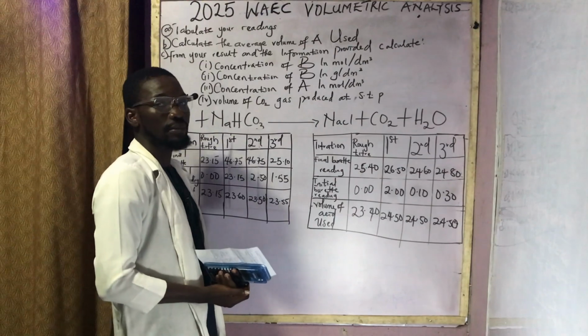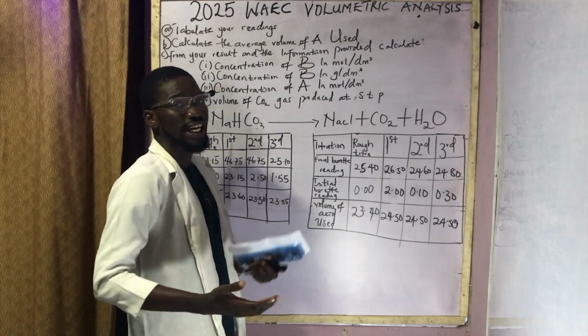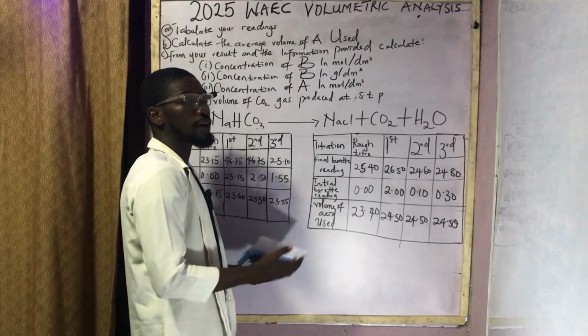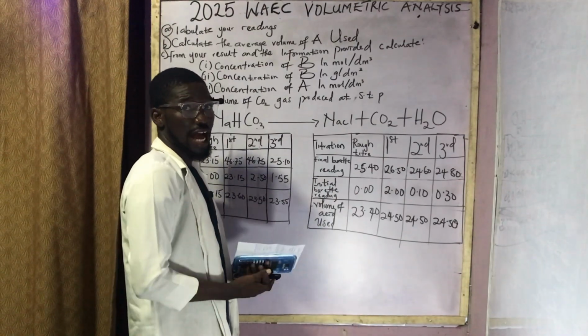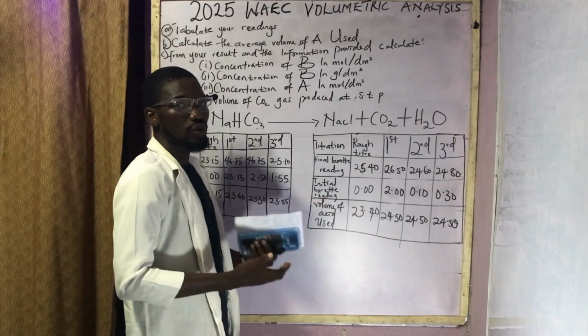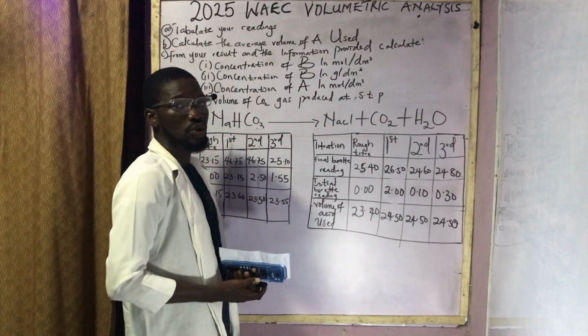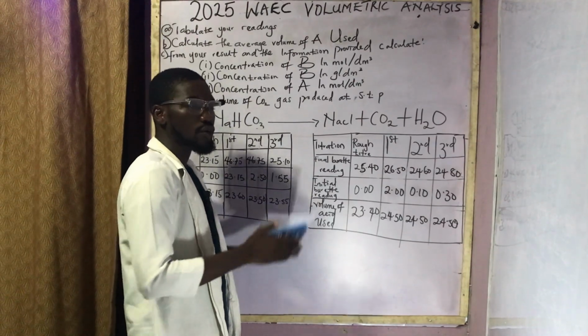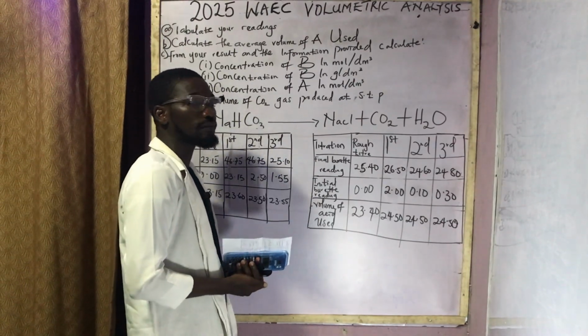On that day of examination, a tutor or teacher can decide to give different groups different tables of values. Are you with me now? In a class of 30 students writing the WAEC, you can divide it into two, having one group with a particular table of values and another group with another table of values.